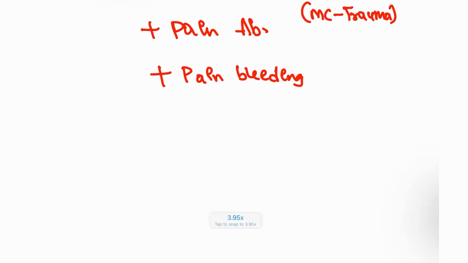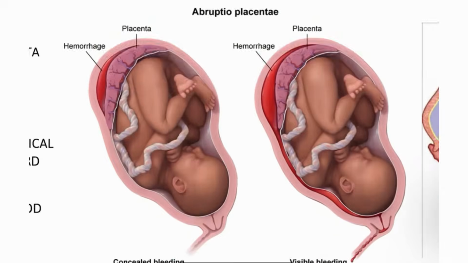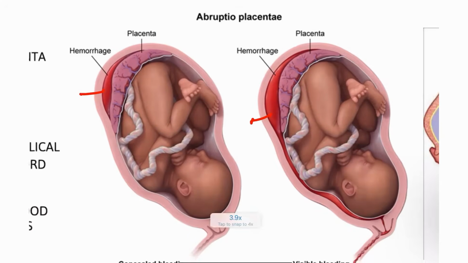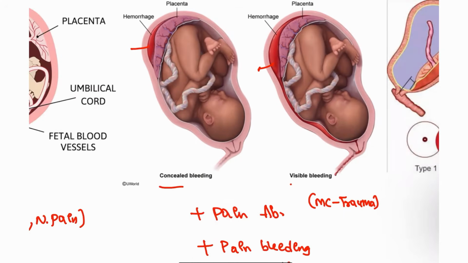And the bleeding is also dark red in color. There are two types. One is the concealed hemorrhage, the other one is the leaking hemorrhage. Okay, this is the concealed type and the other one is the visible type. If it is concealed, it can go into the uterus, which will cause uterine apoplexy, and trauma will be seen.